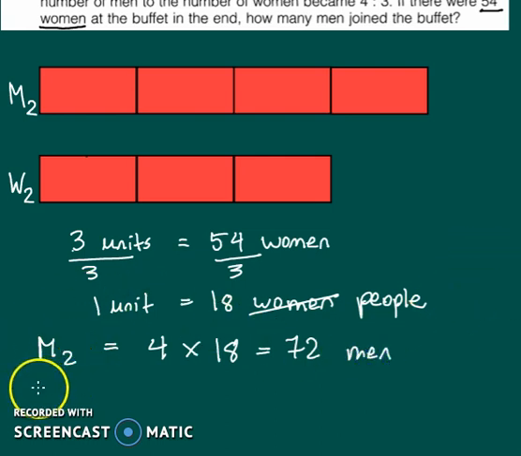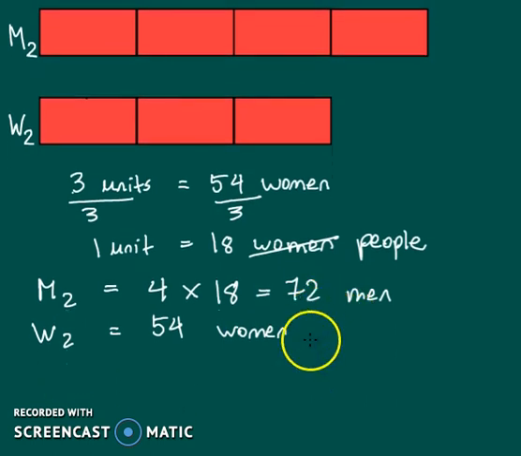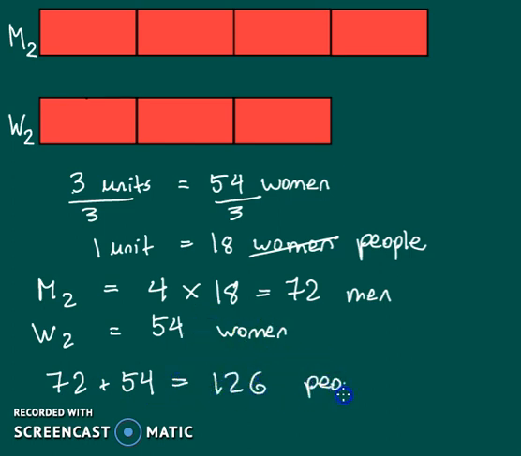And let's just also write down how many women we had, even though that's given to us. 54 women. And let's also find out how many people there were altogether. So 72 plus 54 is equal to 126 people altogether.